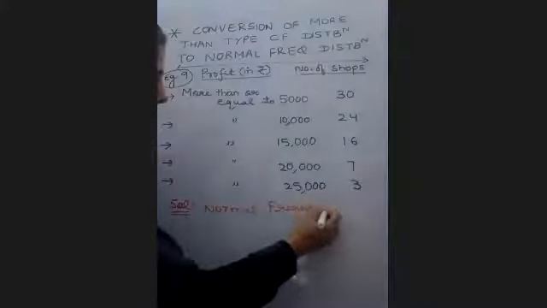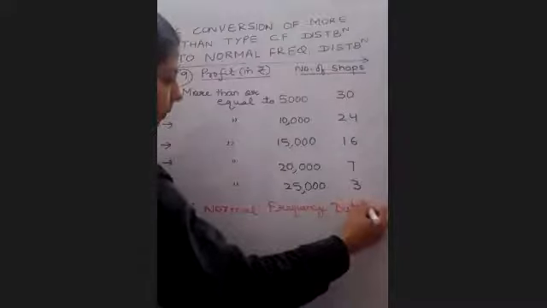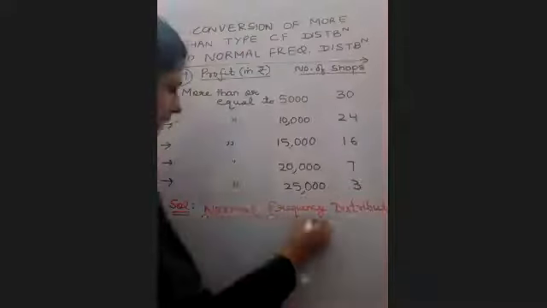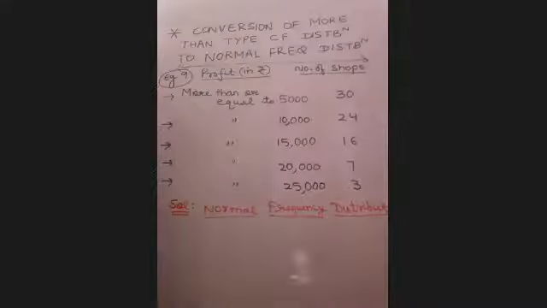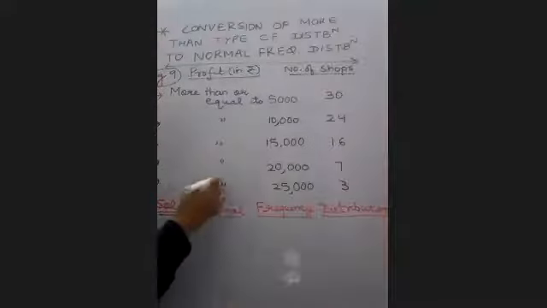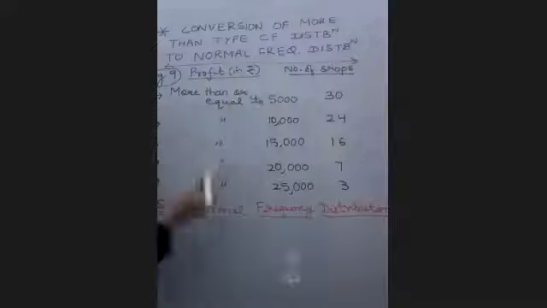So we will be writing the normal frequency distribution. All right. Now for normal frequency distribution, the first interval will be at a gap of 5,000, and first is 5,000. So obviously what is the first interval? 5,000 to 10,000.